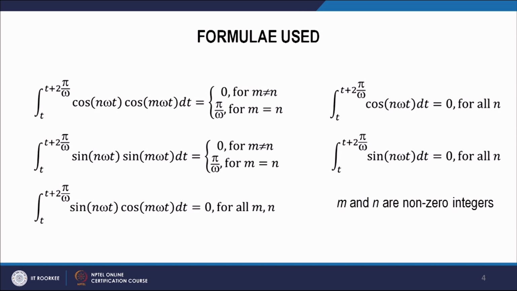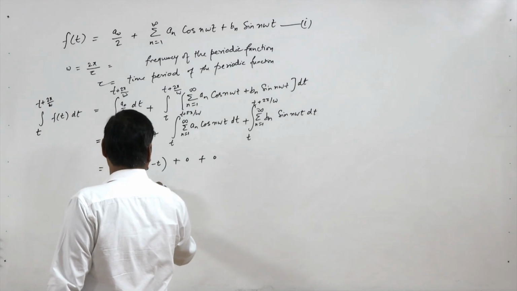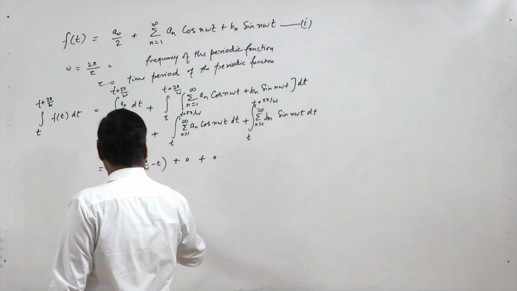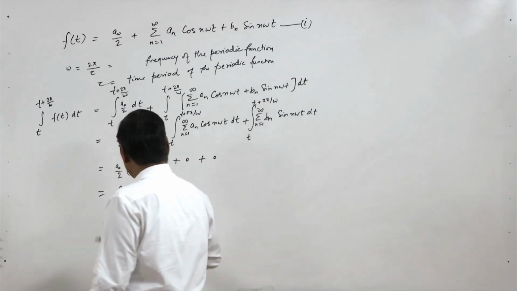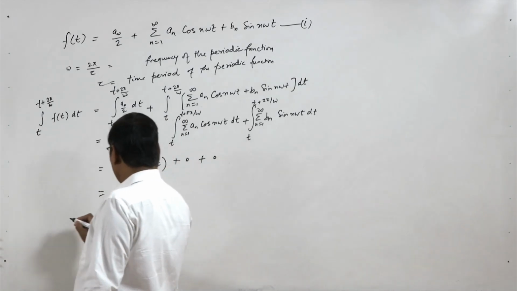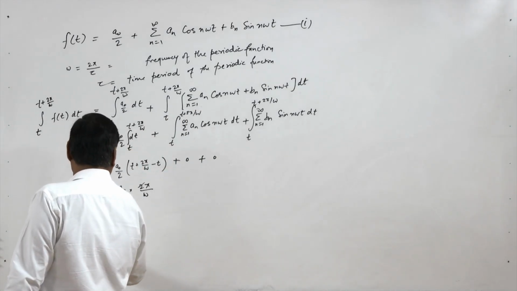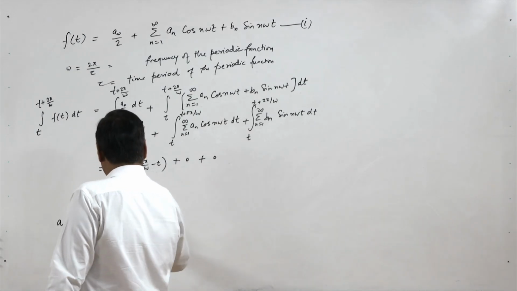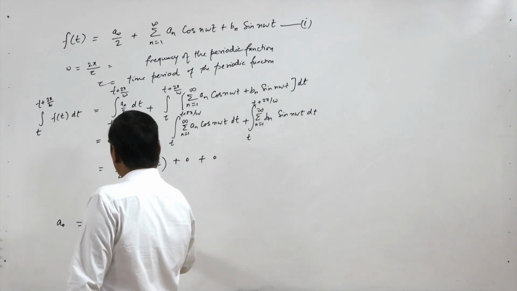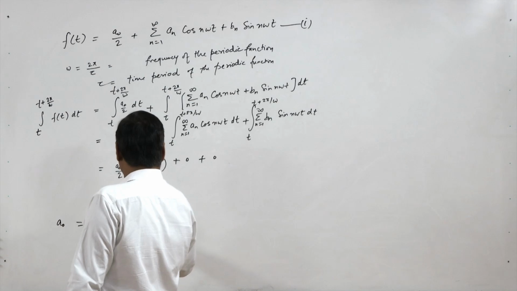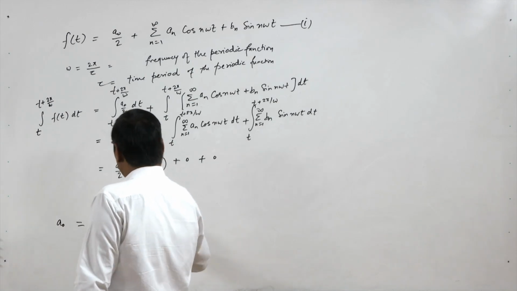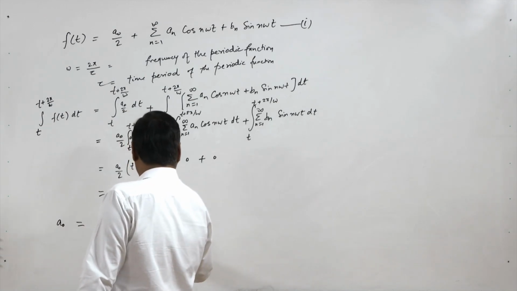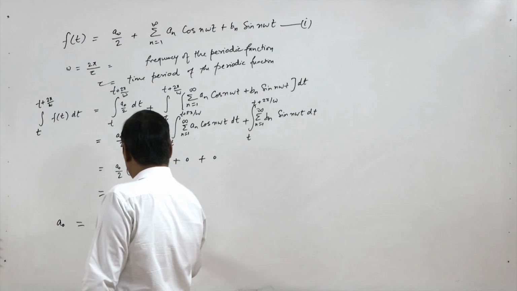So we will have only a0 by 2 into 2 pi by omega. Now we can cancel out 2 and 2, so we can write a0 equal to omega by pi times the integral from t to t plus 2 pi by omega of ft dt.